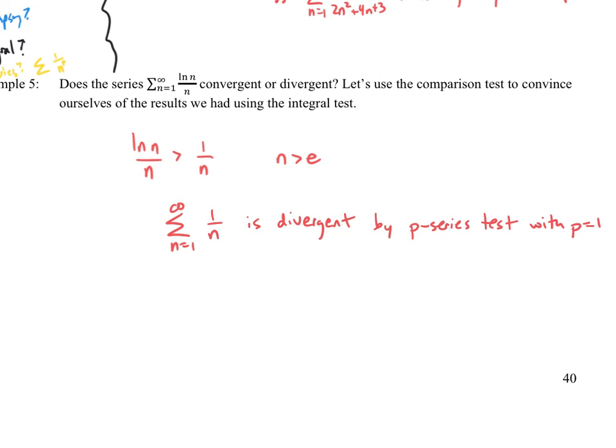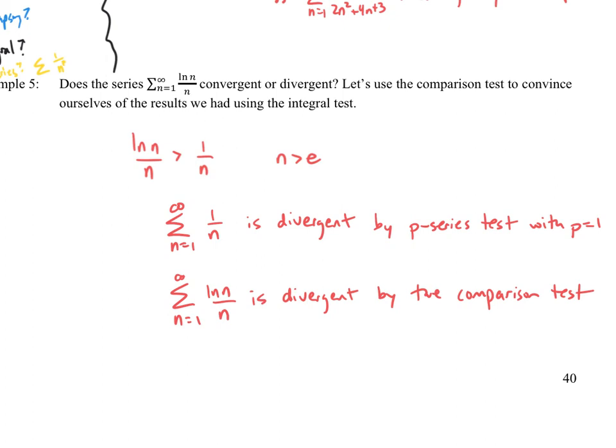If you have a divergent series that is less than another series, that divergent series will push the other one to also diverge. So then what we can say is that the series from n is 1 to infinity of the natural log of n over n is divergent by the comparison. And this is also sometimes called the direct comparison test.